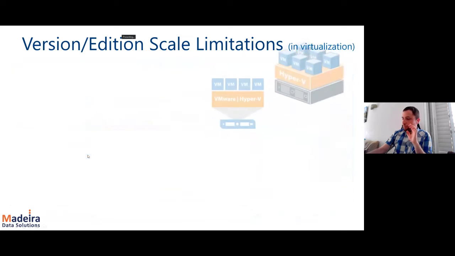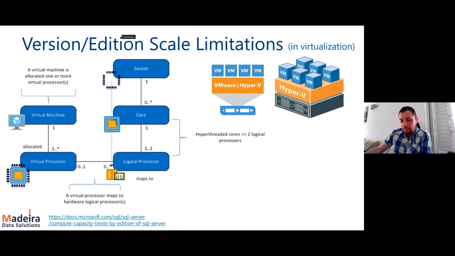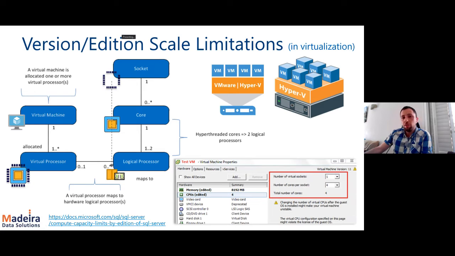So that is important to remember in virtualization, because in virtual environments nothing is physical per se, but you do have something that logically represents something physical. For example, in VMware, you can configure the total number of logical cores, the number of virtual sockets, and the number of cores per socket. Socket, I remind you, is something that factors into the scale limitations of Standard and below editions.